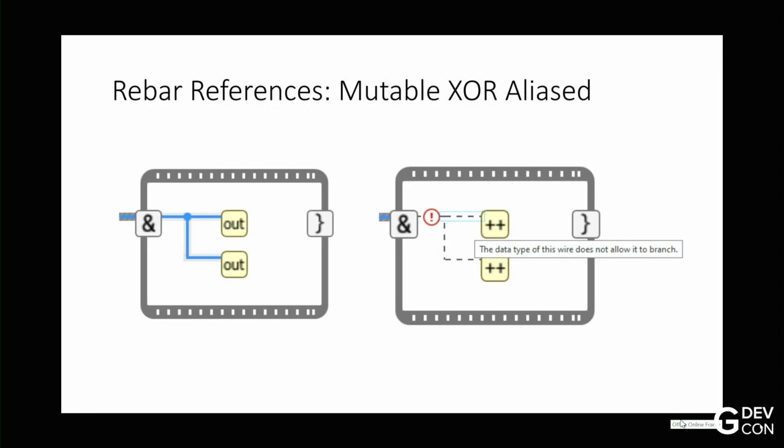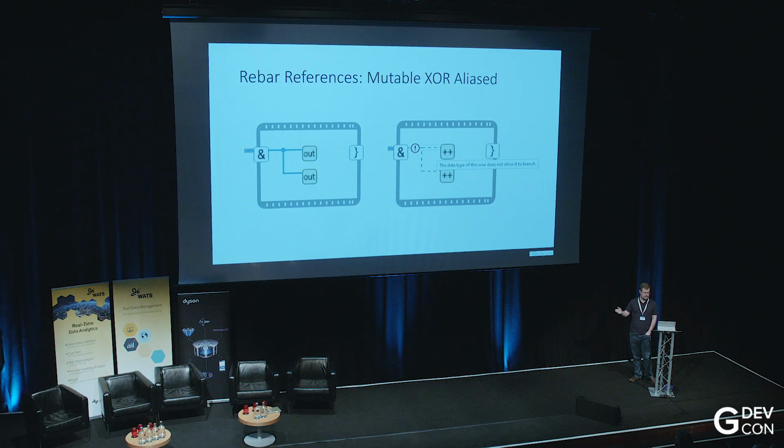And the basic way that the compiler prevents you from incorrectly creating aliased mutable references is by preventing wire branches in certain cases. So on the left side here we have a wire inside the structure that is an immutable reference and it's branched, and there's no error, and that's fine because all we're going to be doing with that reference is just reading a value.